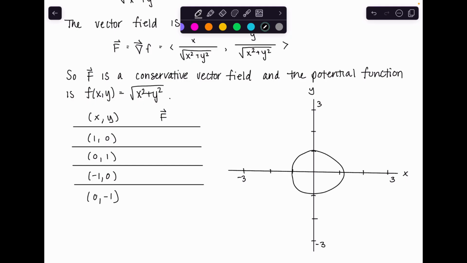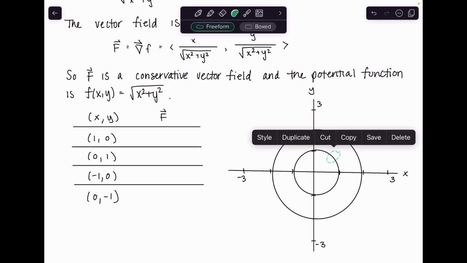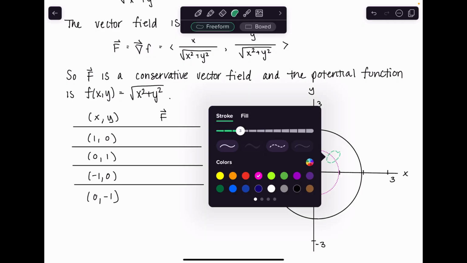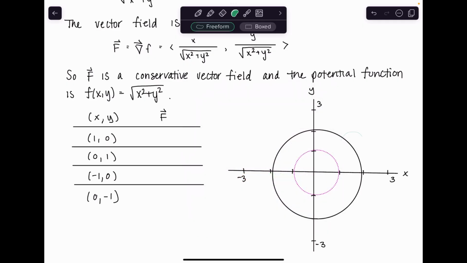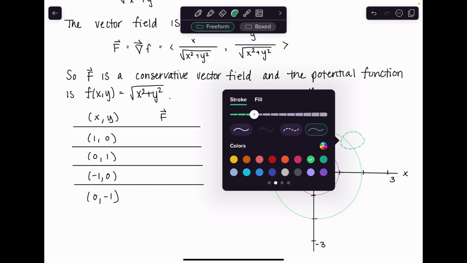Here's the unit circle that I'm working with. If it wants to turn into a circle, there we go, close enough. And then we've got our circle of radius 2 we're going to work on after this. Okay. So all of these points I'm going to plot in pink, and we'll make that dotted. And then these points, let's plot them in green.